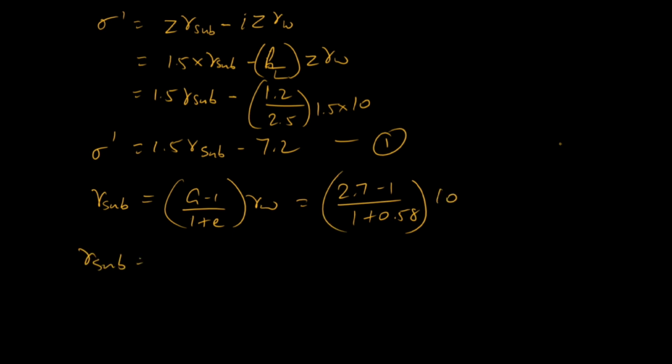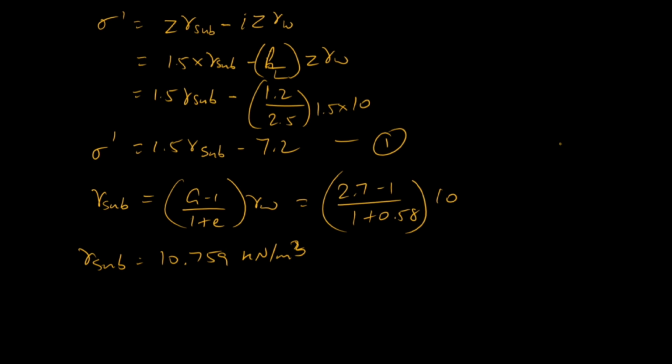So gamma submerged is equal to 1.7 divided by 1.58, which is 10.76 kilonewton per meter cube.